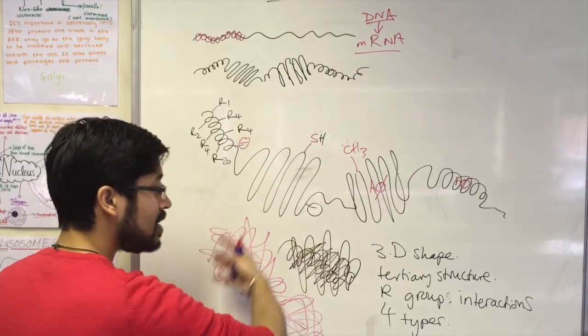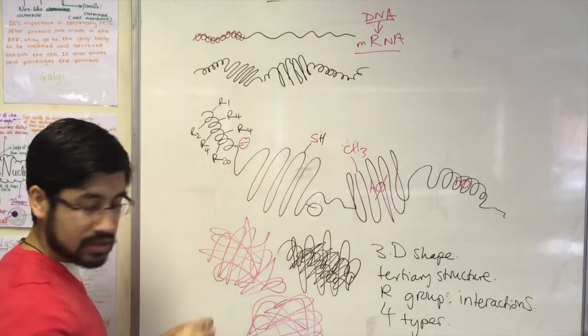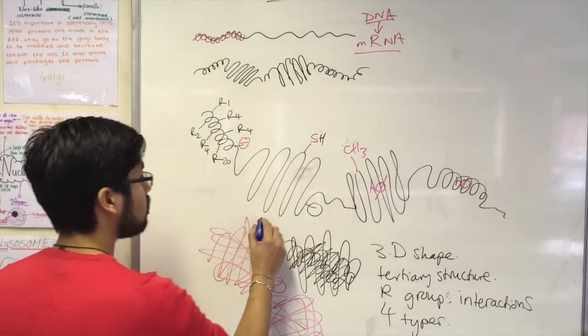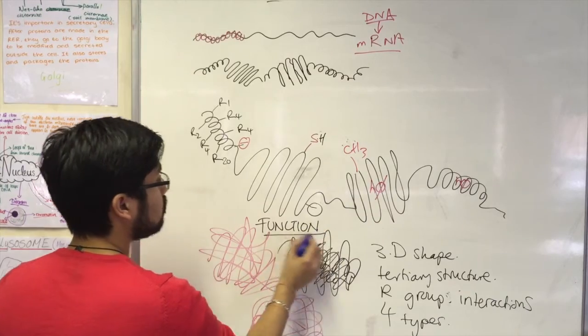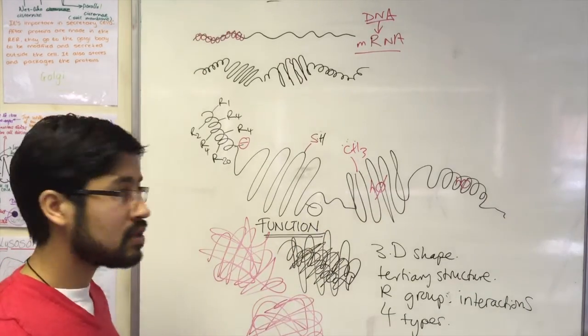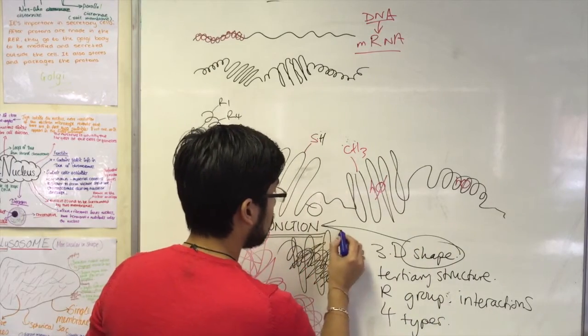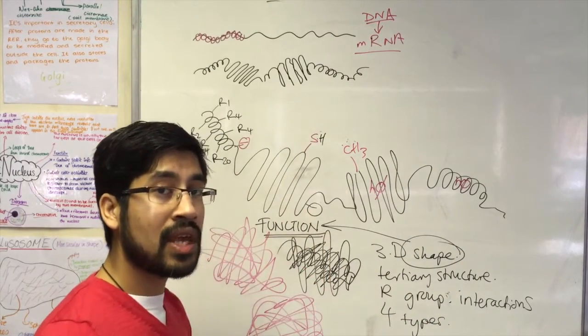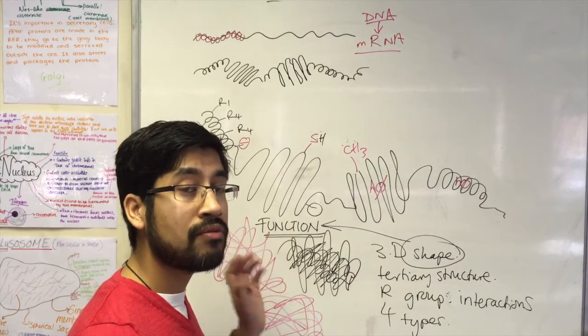But maybe it takes these 3 to come together in order for this thing to have a function. That's the key point. Shape is the same as saying, or very important to, function.